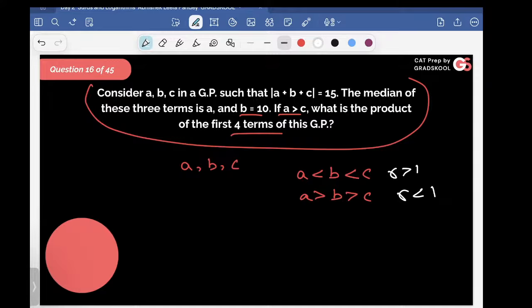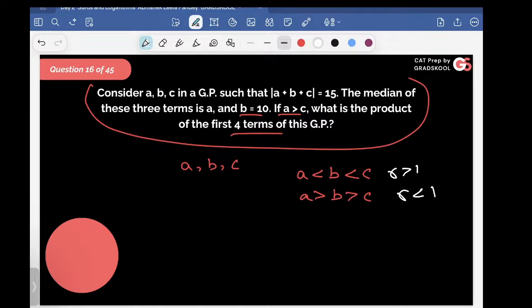The problem is, how can A be the median? How can A be the median? Because it's a decreasing GP.